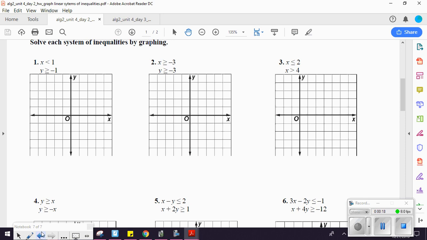Alrighty, so our first line, x less than 1, is a vertical line. And it's going to be a dashed line at the positive 1 value of x.